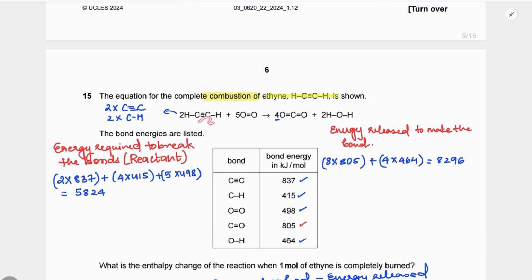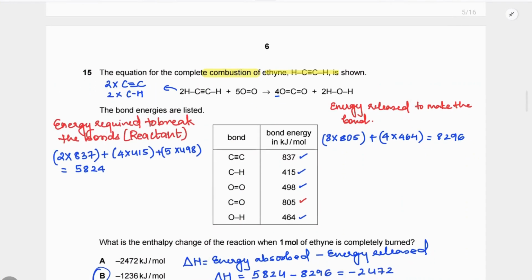Because over here, if you would see, here it's gonna be 1 and 2. So 2 CH bond, and also in front of the molecule also 2 is present. So multiply by 2, which gives me 4. So 4 multiplied by 414, plus we also have oxygen bond, which is 498. How many? 5. So 5 multiplied by 498, which gives me around 45824.